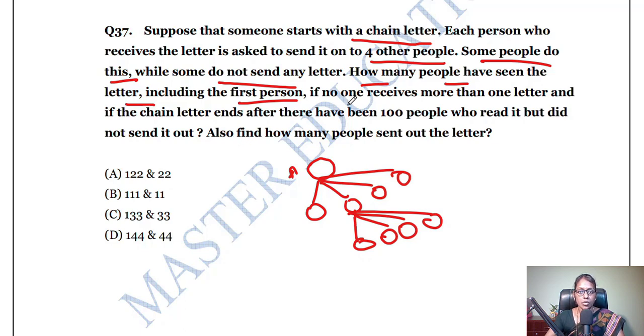If no one receives more than one letter, and if the chain letter ends after there have been 100 people who read it but did not send it out, also find out how many people sent out the letter. They're asking who read it. If this person is sending to all 4 people, they are all reading. But these 3 people are not sending, while this person is sending out.